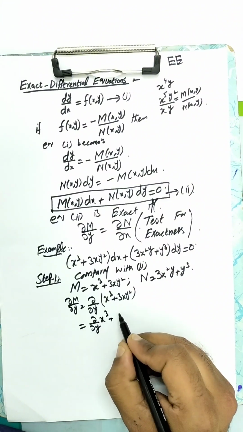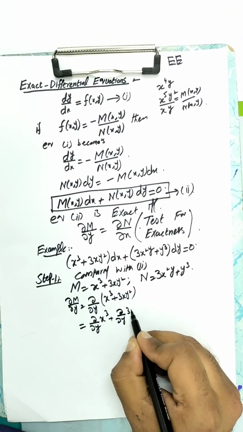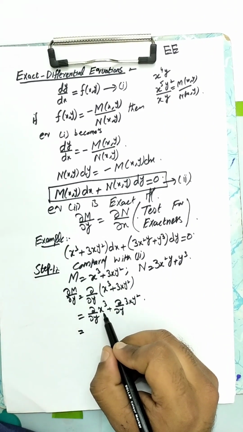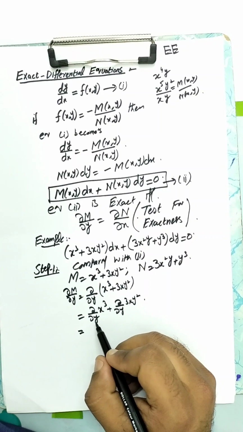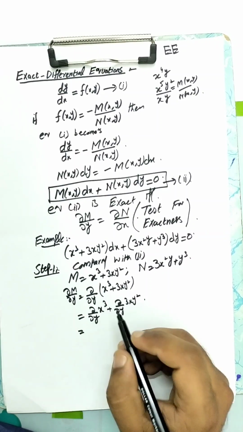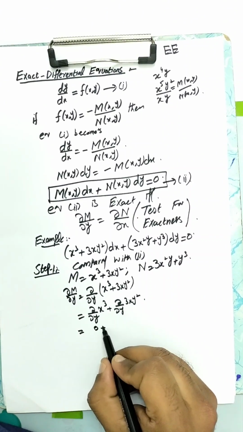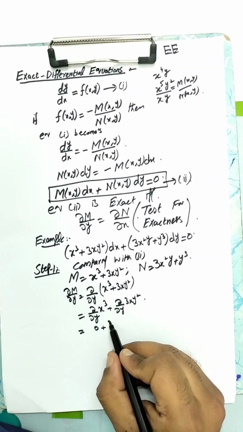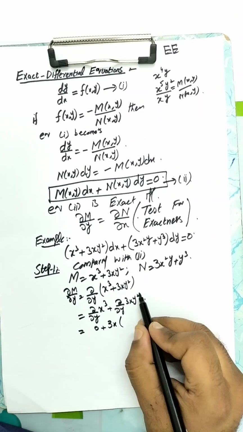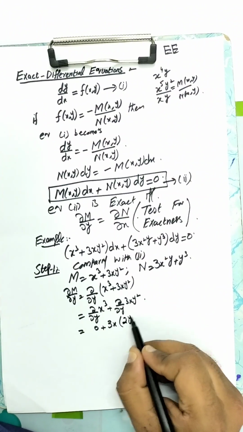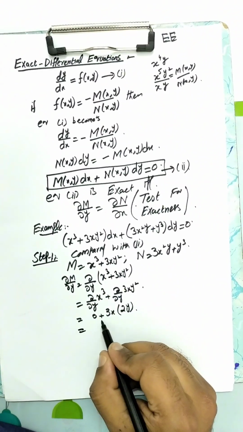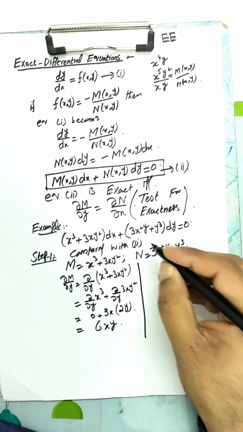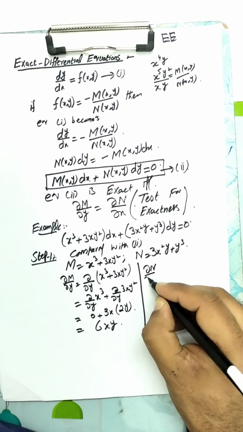The partial derivative of x cube with respect to y is 0, because x behaves as a constant, and the derivative of a constant is 0. 3x is also constant because we take the derivative with respect to y, and the derivative of y square is 2y. So our net answer is 6xy. Now we take the partial N over partial x.